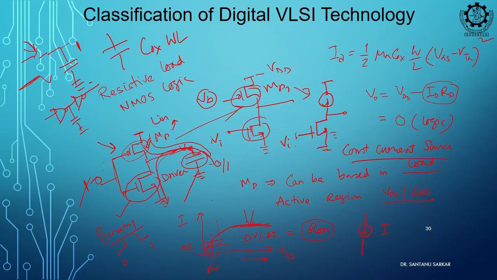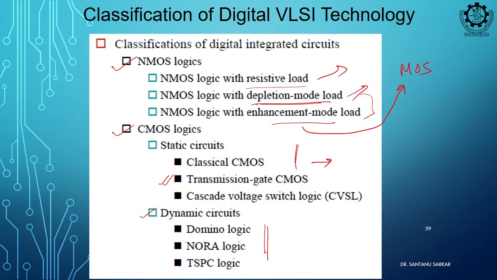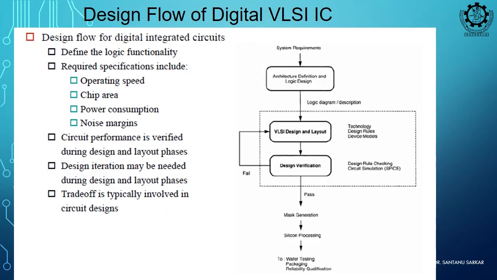Okay. So, we will discuss this later, but roughly you all know what this is. So, we will check which is more power efficient. Later we will discuss all of this and we will try to see which is more suitable for low power applications. Okay.